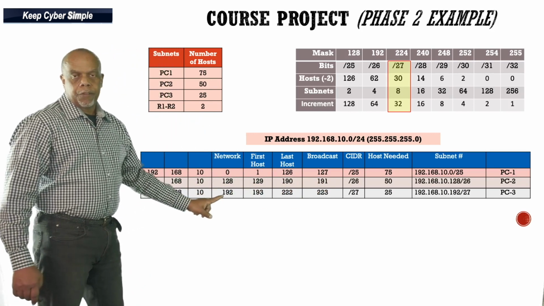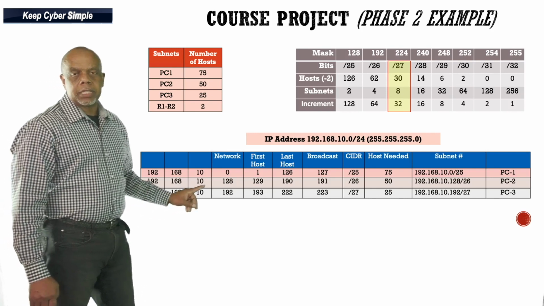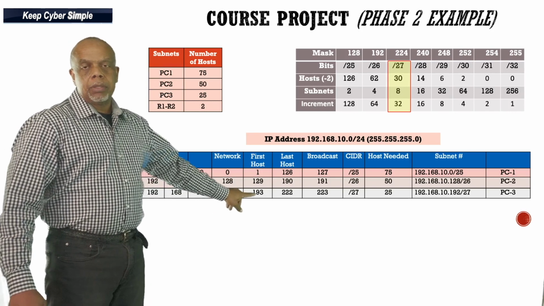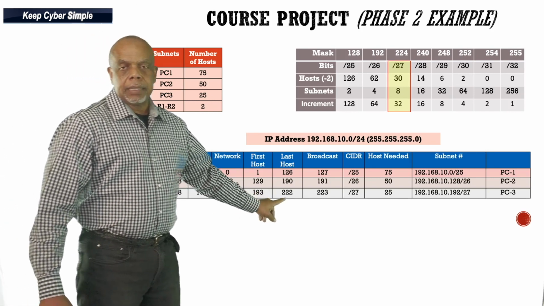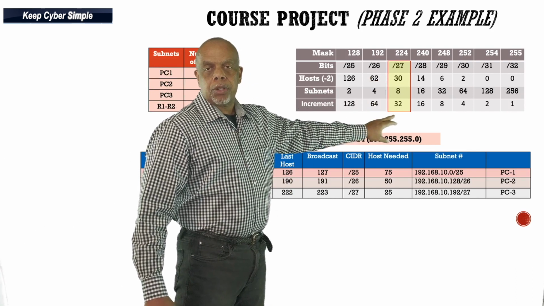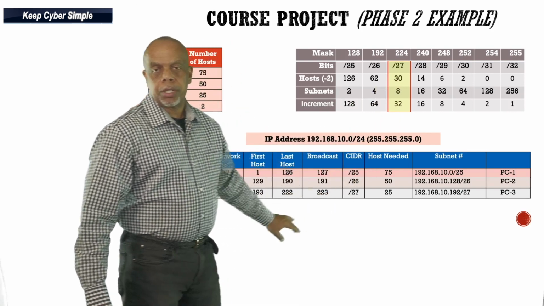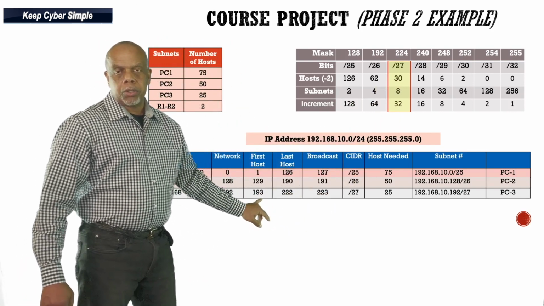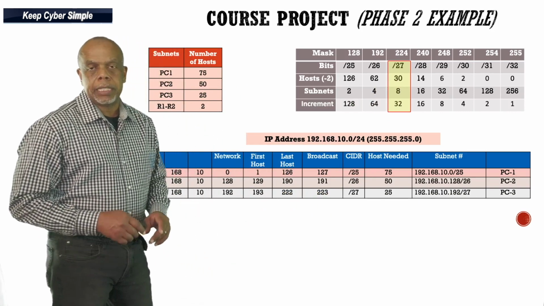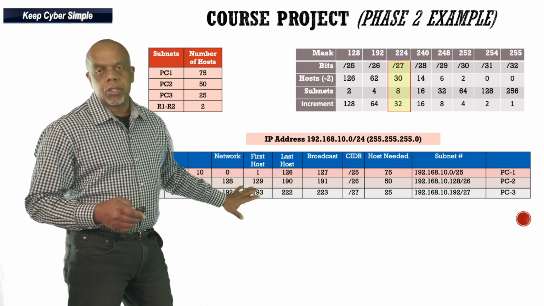So now my first one is going to be 192.168.10.192. First assignable, yep, 193. The last assignable. Now, if I look over here, it tells me that I am incrementing at 32, right? I've got 30 hosts, and it's incrementing at 32. So I need 32 in this address range. So from 192 to 223 gives me that 32 range.